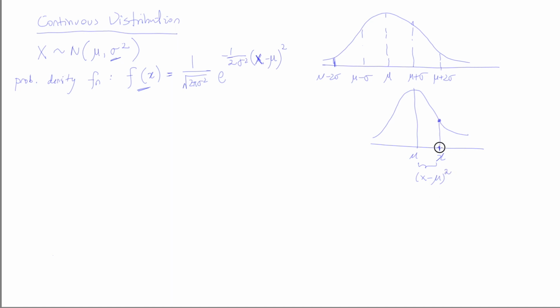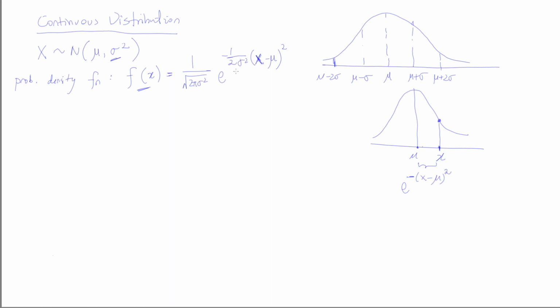So if x is really close to mu, this is a very small value, right? But we want to give it a higher probability because points closer to the mean should have a higher density. Sorry, higher density, not probability. So what we do is we take the exponential of the negative of that. That's basically the idea.